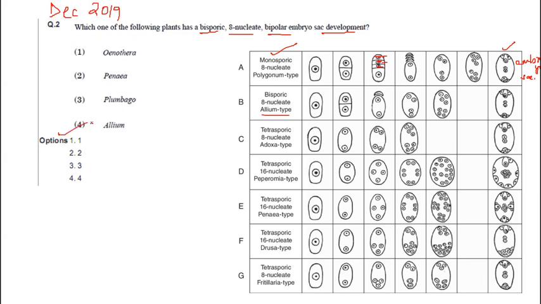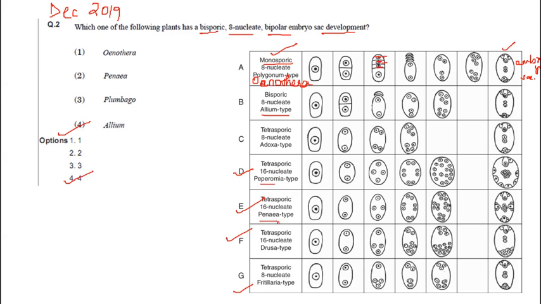So polygonum and Oenothera, they two are the ones which show monosporic development. In a few papers, questions came about the tetrasporic type, so the tetrasporic part is also important. For the tetrasporic 16 nucleate type you have to study just the examples. The tetrasporic ones are Peperomia, Penaea and Drusa.